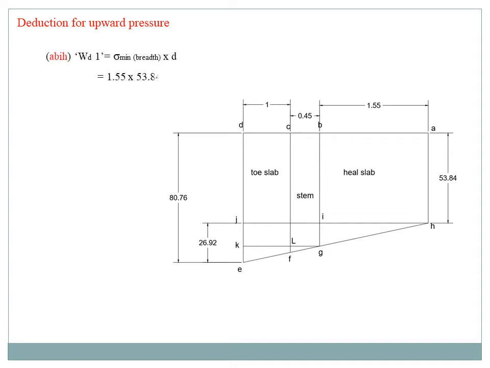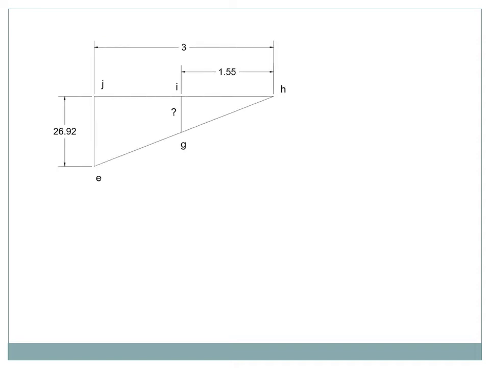First, the ABIH rectangular portion. We take WD1 equal to B into D, the normal area formula. B is 1.55 and D is 53.84, so multiplying gives 83.45 kilonewton. Next, HJE is a triangle, and we don't know the IG value.